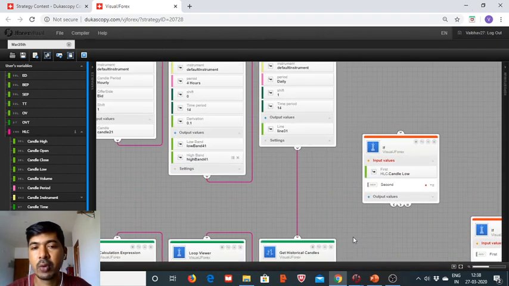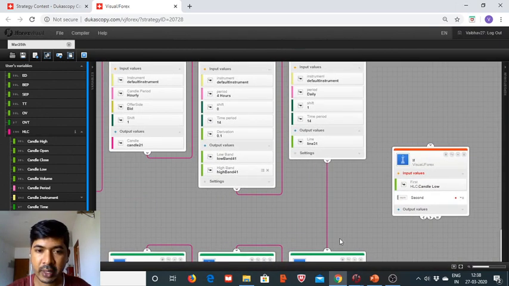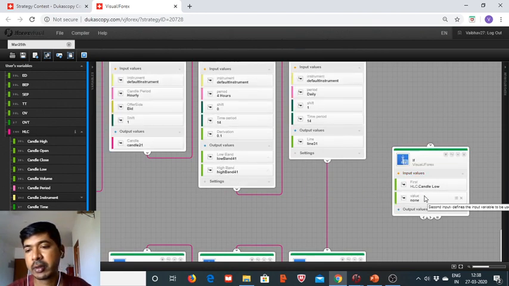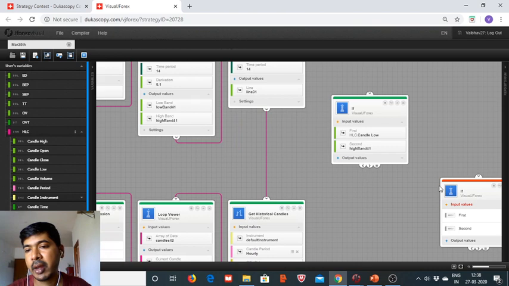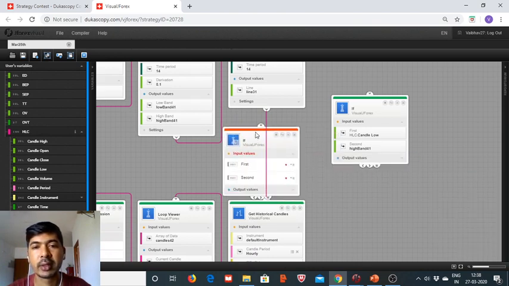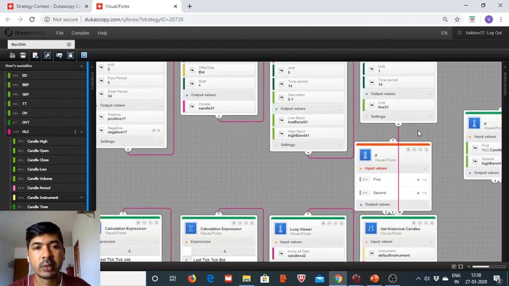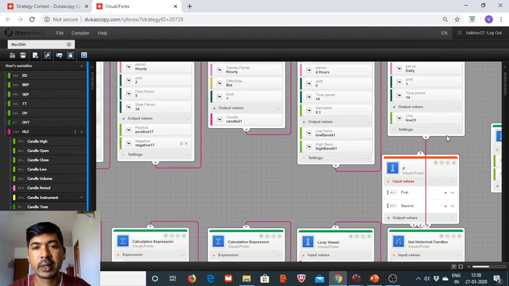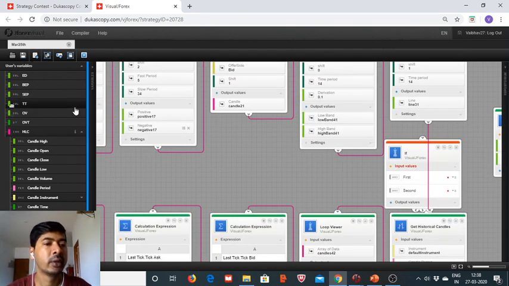So the candle low must be below the high band for the sell trade, and the candle close, last hour's candle close. So we want the candle 21's close to created variable.